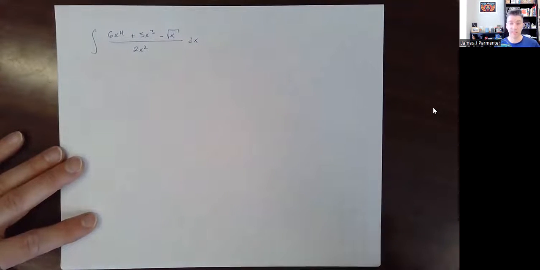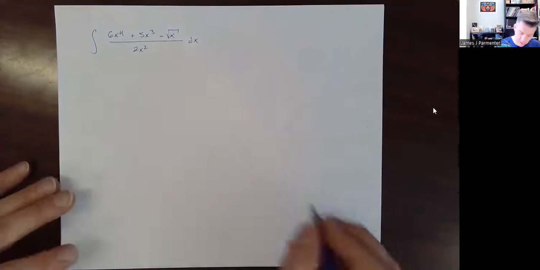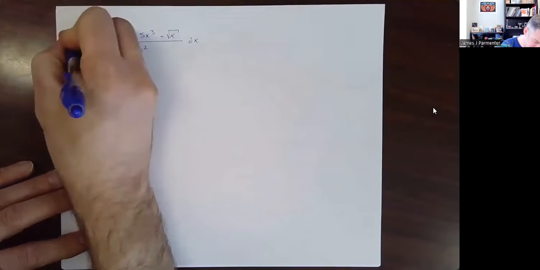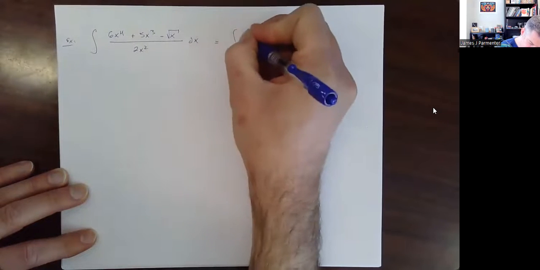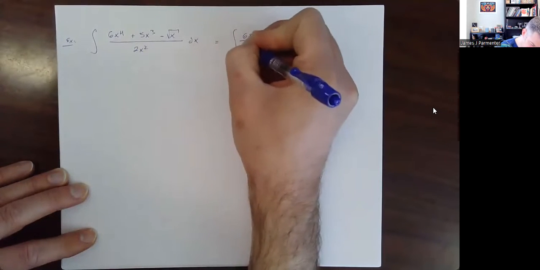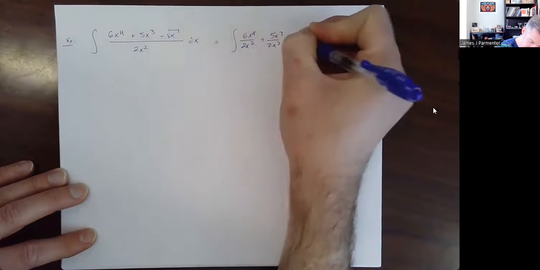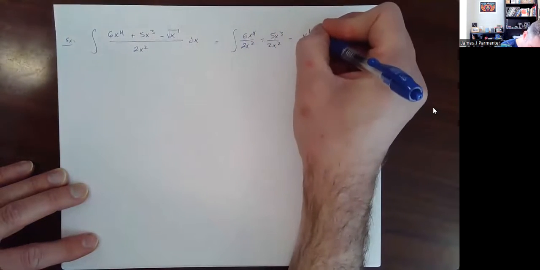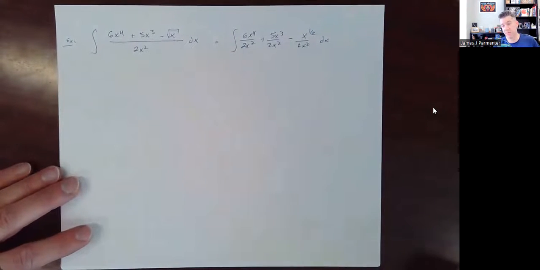Since the denominator has a single term, you can divide each numerator part by that number. So I can rewrite this as the integral of 6x to the 4th over 2x squared plus 5x cubed over 2x squared minus, I would rewrite that as x to the 1/2 over 2x squared. I probably would have factored out the 1/2, but too late now.